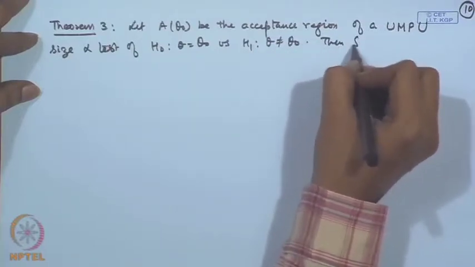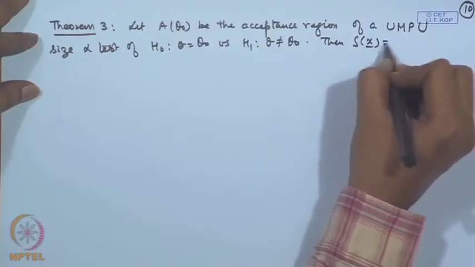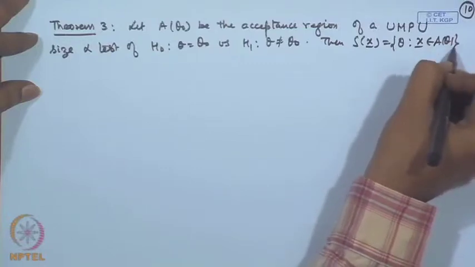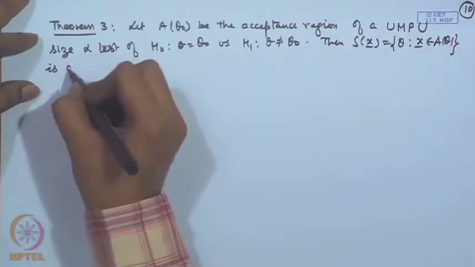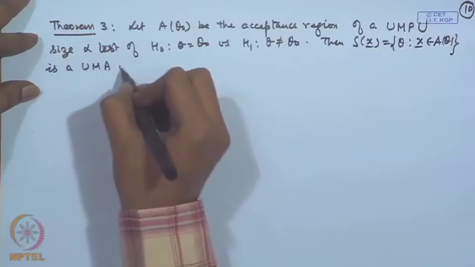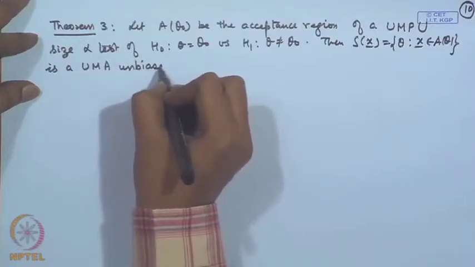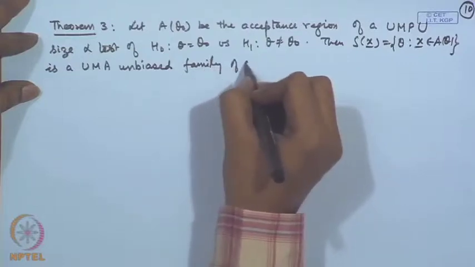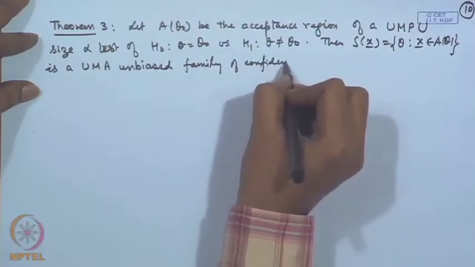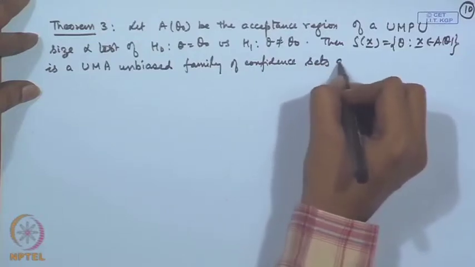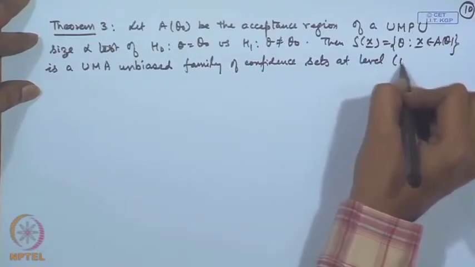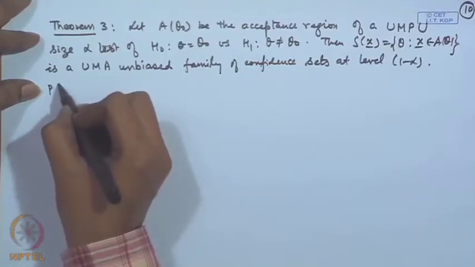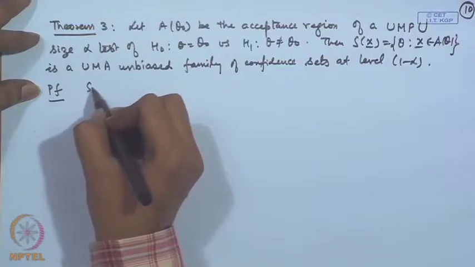Then S x is equal to theta such that x belongs to A theta. This is a UMA unbiased family of confidence sets at level 1 minus alpha. Let us look at the proof of this.